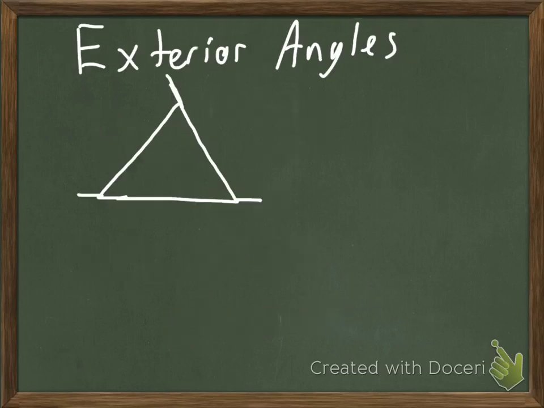Okay, last thing we're going to talk about is the exterior angles. The exterior angles are on the outside, and they're created by just extending a side to form another line on the outside. And this is an exterior angle, this is an exterior angle, and this is an exterior angle. Now there's no formula really for these exterior angles.